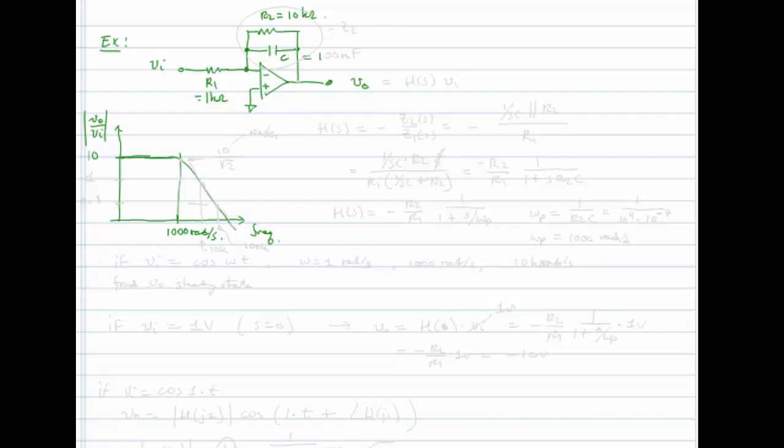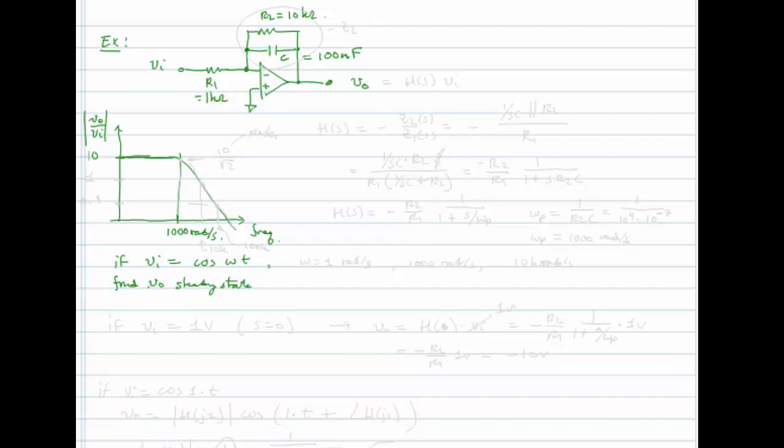I think I need this to be 100 nanofarad. We'll see if that works out. Alright, so then the question is, if VI equals cosine omega t, find VO steady state.